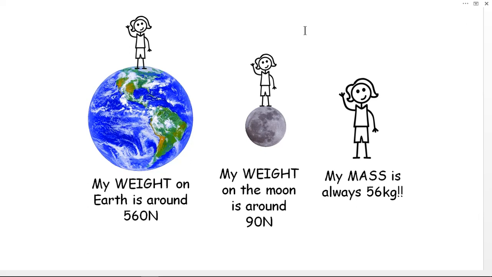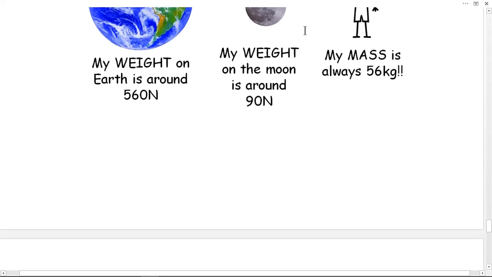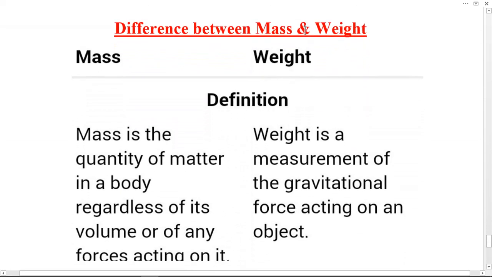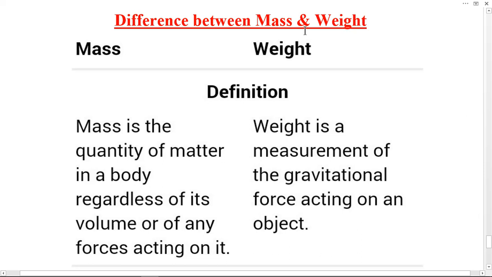This is what I want you to understand. Mass will remain the same, because what is mass? It is the amount of matter. It will not change. But weight depends on gravity. If the gravity changes, automatically the weight will change. Understand? Okay.